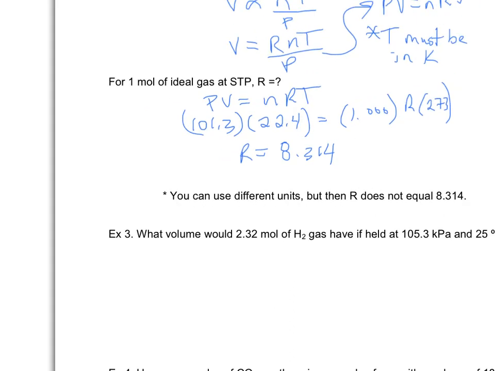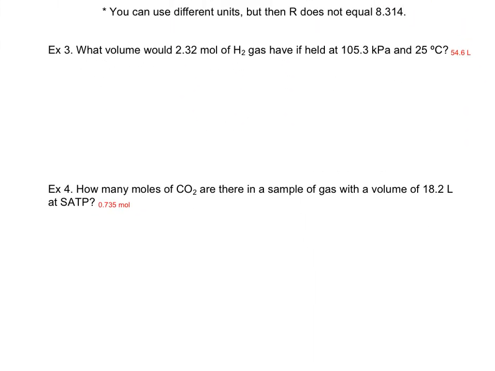Let's try out example number 3. What volume would 2.32 moles of H2 gas have if held at 105.3 kPa and 25 degrees Celsius? We know a lot of gas laws, but the ideal gas law is the only one with moles, temperature, pressure, and volume in it. So I'm going to start by writing down that equation.